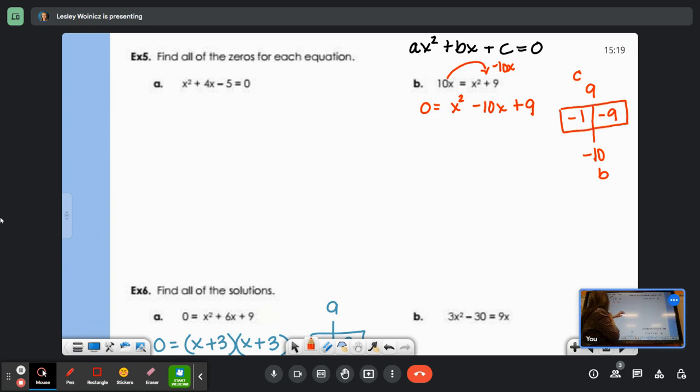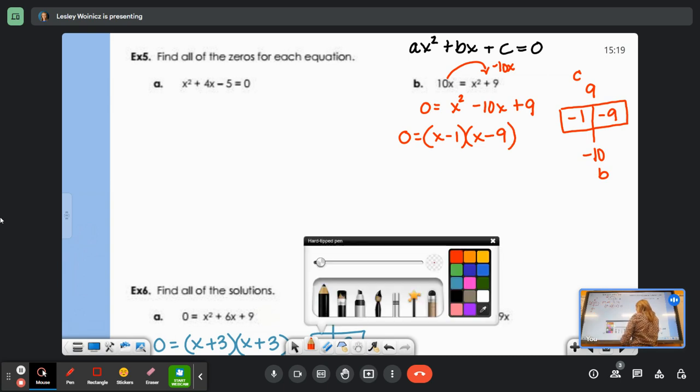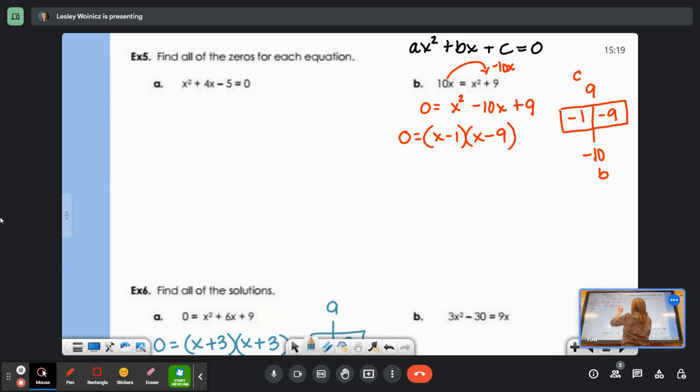Okay, so 0 equals x minus 1 times x minus 9. Now we're ready for our ZPP. So we say x minus 1 is 0 and x minus 9 is 0.